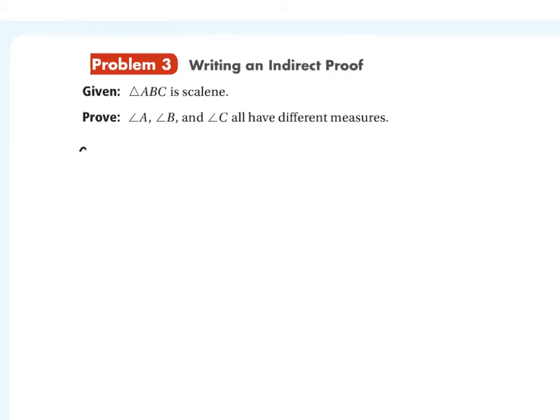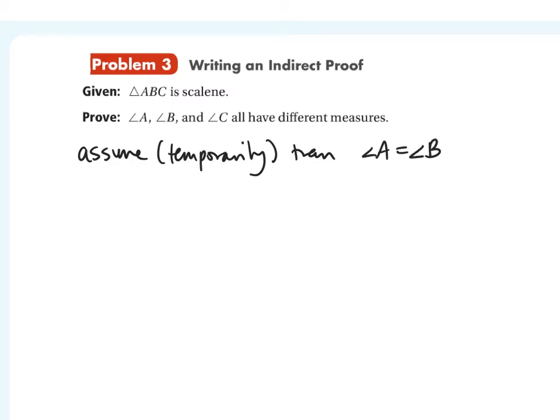Let's assume temporarily that angle A equals angle B. Measure of angle A equals measure of angle B, right? We just have to pick two. And basically the opposite of this is at least two angles are the same. That's the negation.